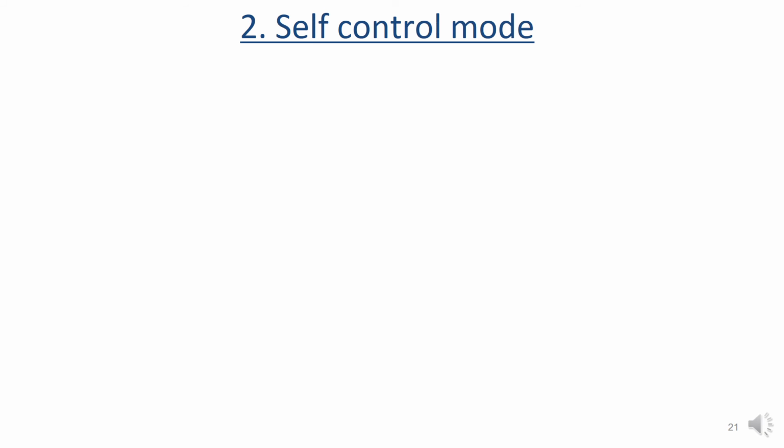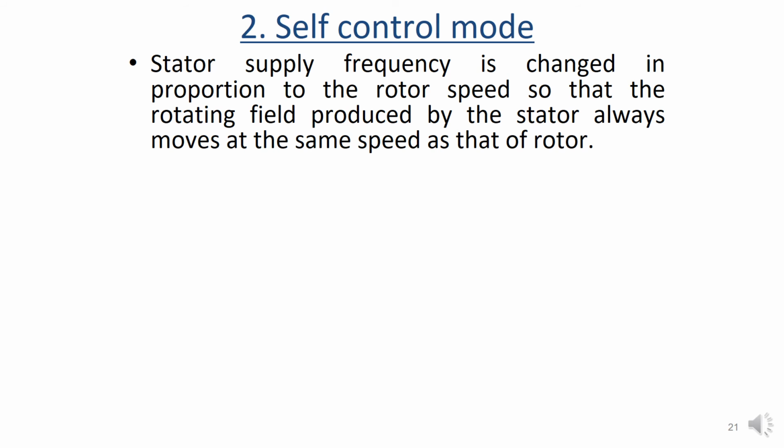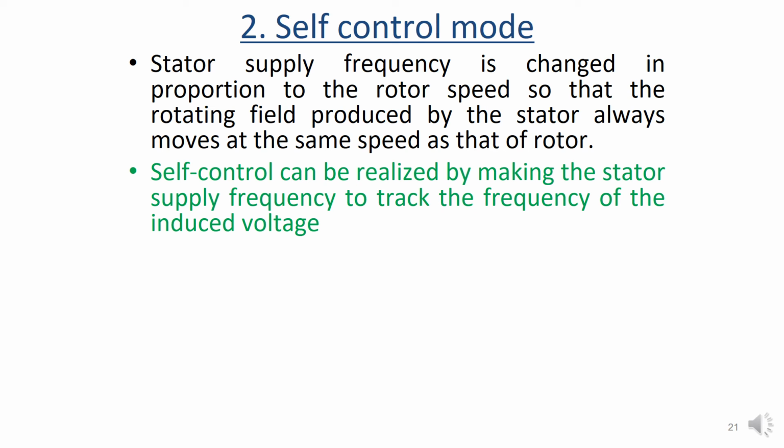The next method is the self-control mode. So in this method, the stator supply frequency and rotor speed can be kept constant relative to each other. Basically, this is a closed loop operation. This self-control method can be realized by making the stator supply voltage track the frequency of the induced voltage.